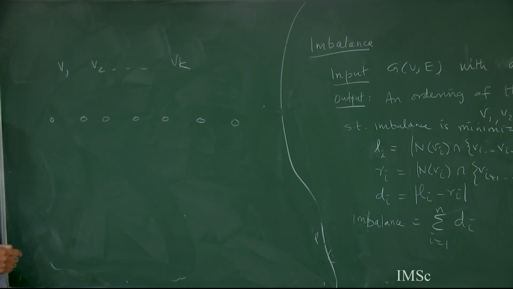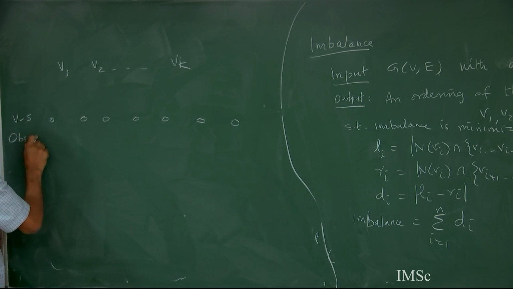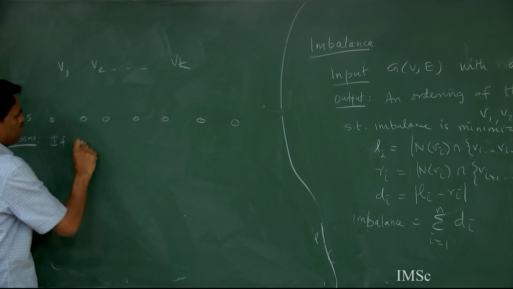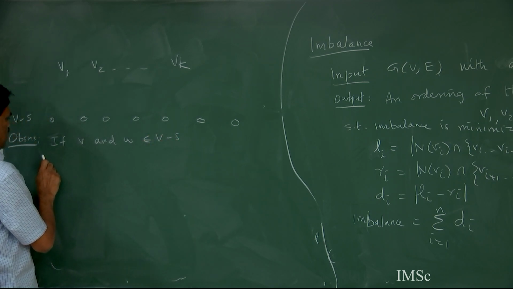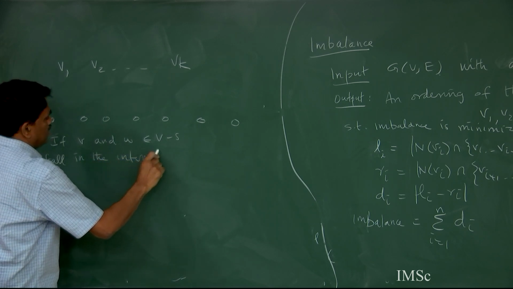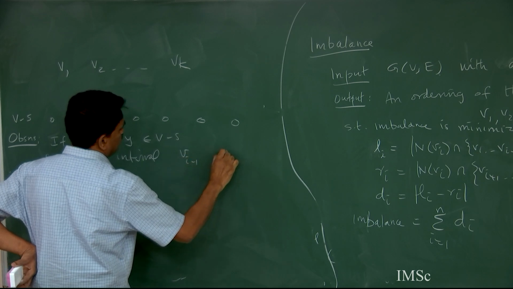Let us make some observations. So, this is V minus S. If v and w in V minus S fall in the interval, let us call it x and y, in the interval between v_{i-1} and v_i.